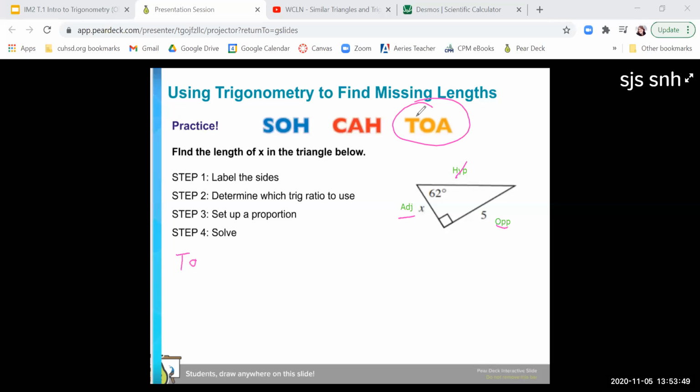The tangent of 62 is equal to opposite over adjacent, 5 over x. And now we punch it in our calculator, just like before, but this time with the tan button.